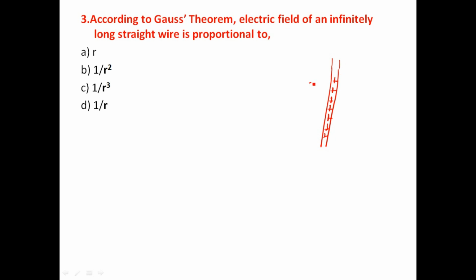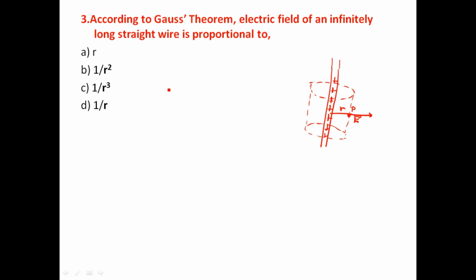We are going to imagine a Gaussian surface, that is, a cylindrical Gaussian surface around it. What was the expression that we got from this derivation done earlier? What is the electric field at the point P, which is at a distance r from the wire?